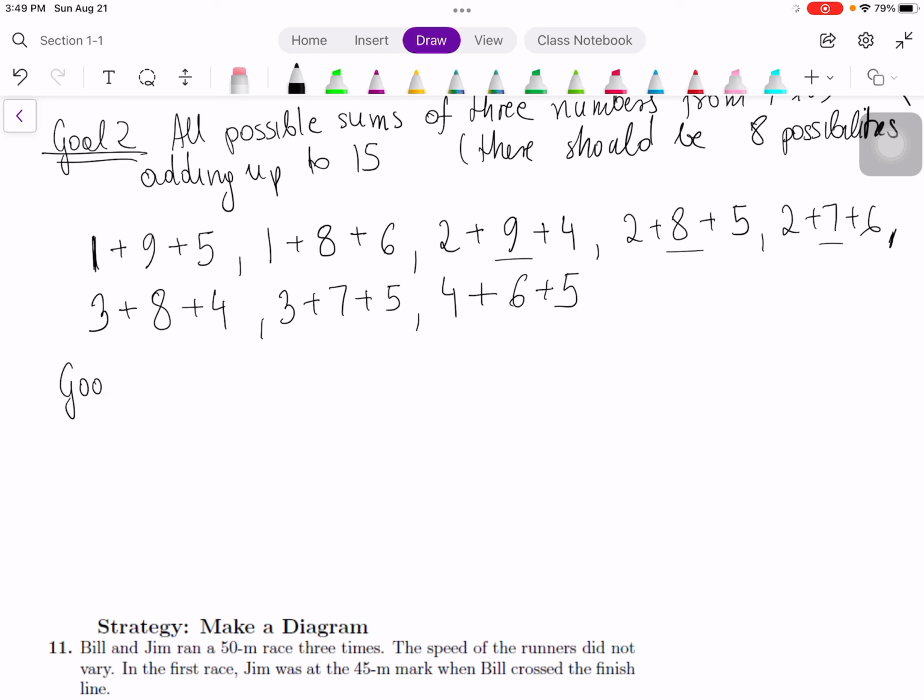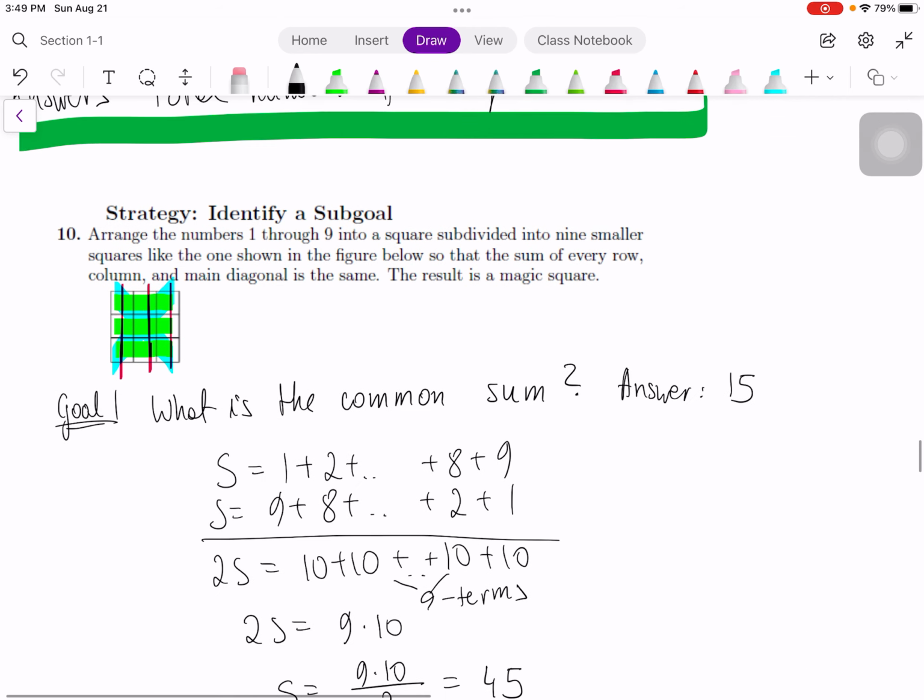But the goal would be to identify the number that needs to be placed in the characteristic points in this magic square, because I noticed that whatever number is here right in the middle will show up in 4 sums.